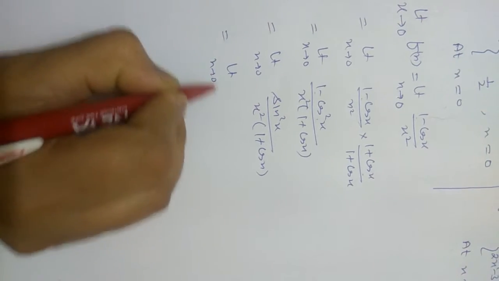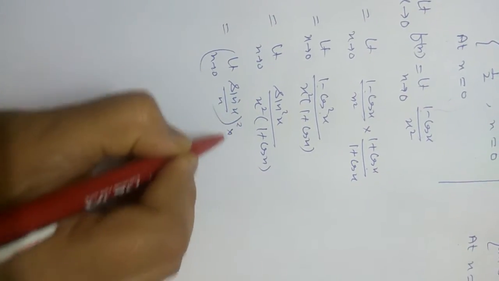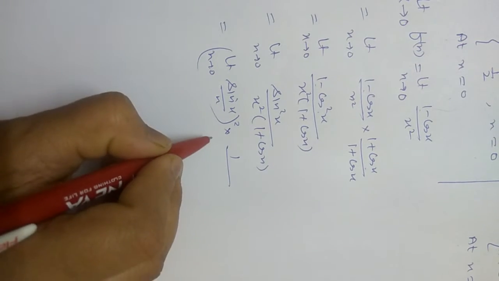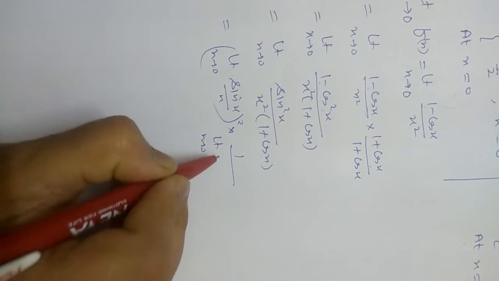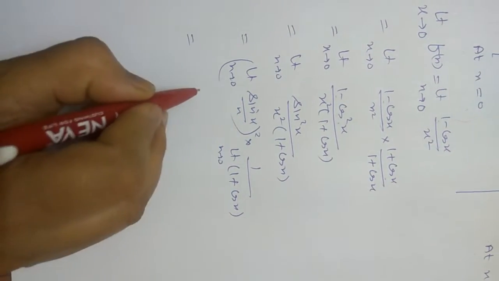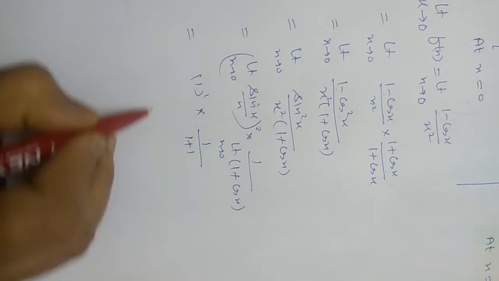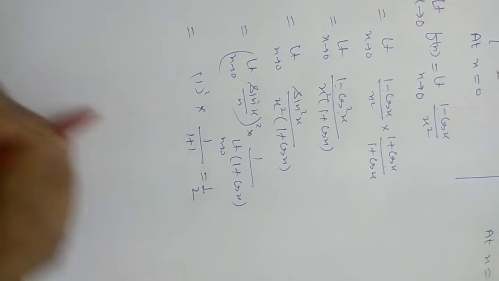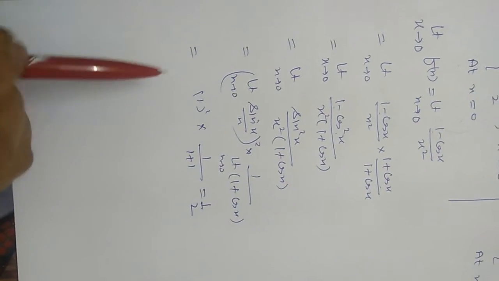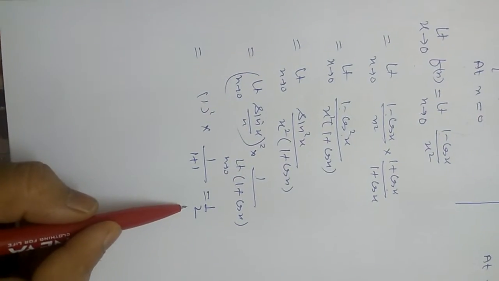Limit x tends to 0 (sin x by x) whole square into 1 by limit x tends to 0 (1 plus cos x). That means you will get 1 square into 1 upon (1 plus 1), that is equal to 1 by 2. It means the limit of the function is equal to 1 by 2.